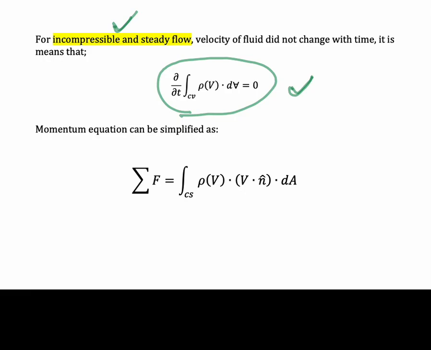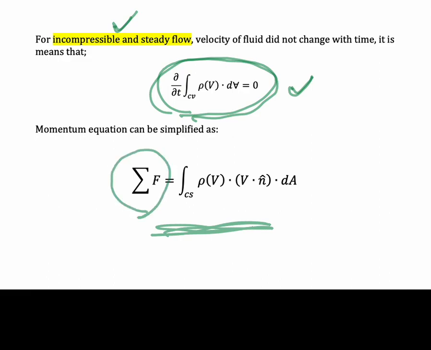So it means that the equation here can now be reduced into this term, because the control volume term does not affect the equation. So some textbooks will write the final momentum equation as this one: the sigma of F, meaning the total amount of force, is equal to the integration of rho V Vn dA.